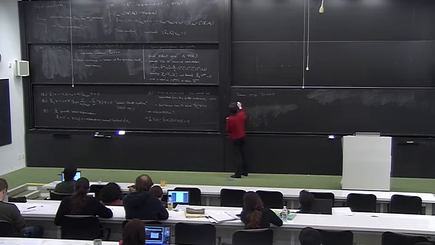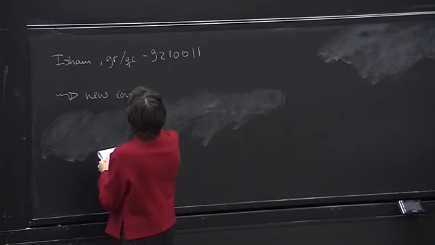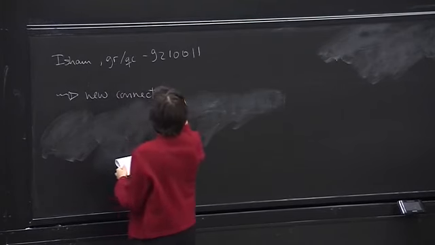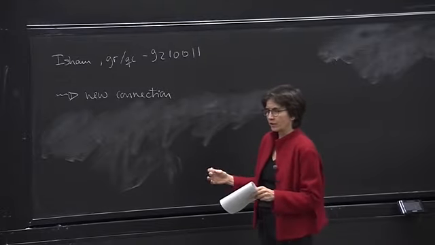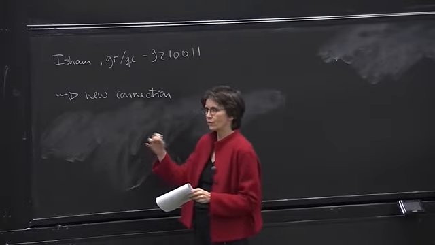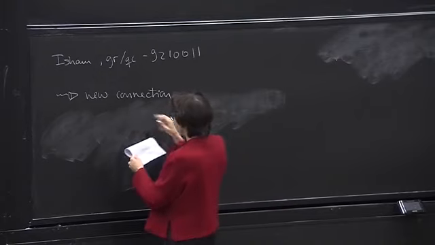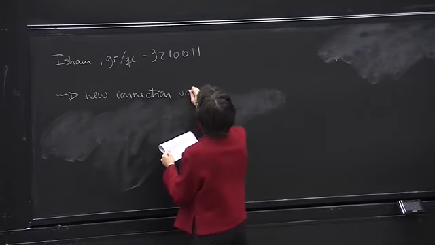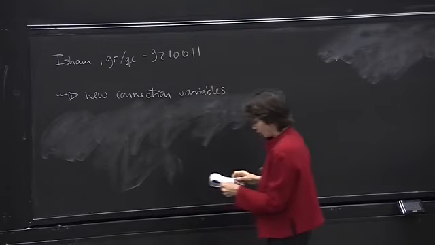And here came a fresh idea for how you might reformulate the classical theory totally equivalently in terms of a different set of variables, which would then suggest different ways of going about the quantization, and the canonical quantization in particular. These new variables are called connection variables.